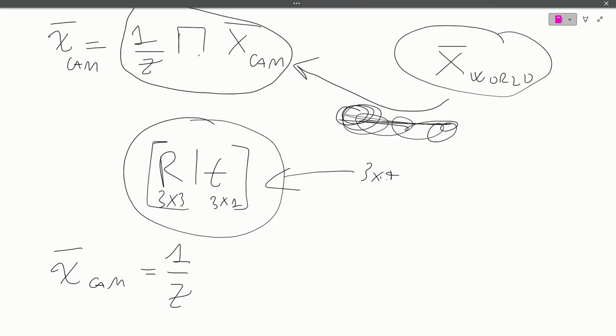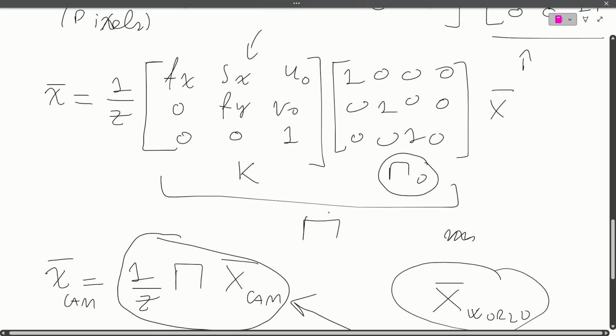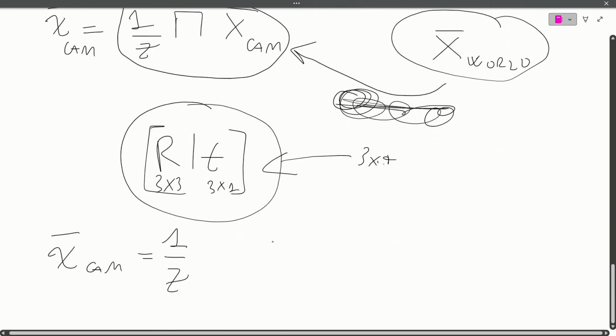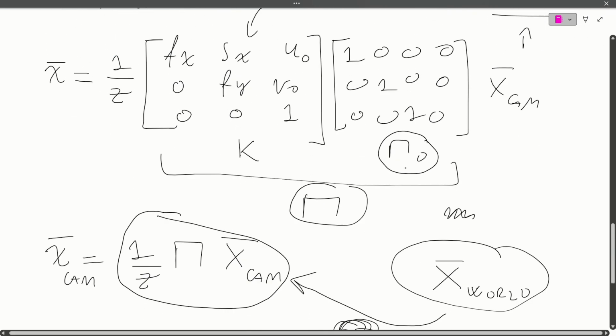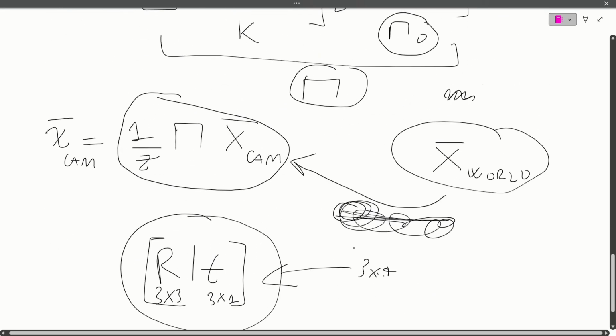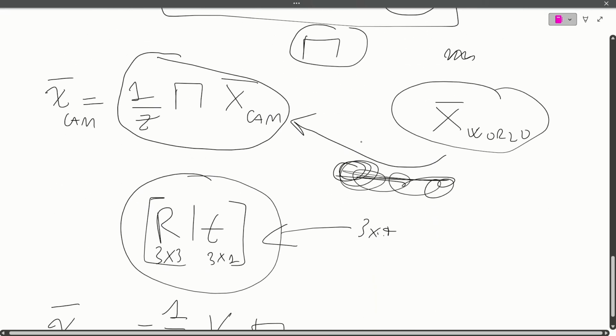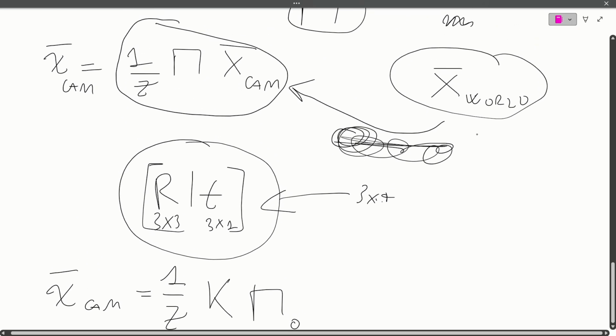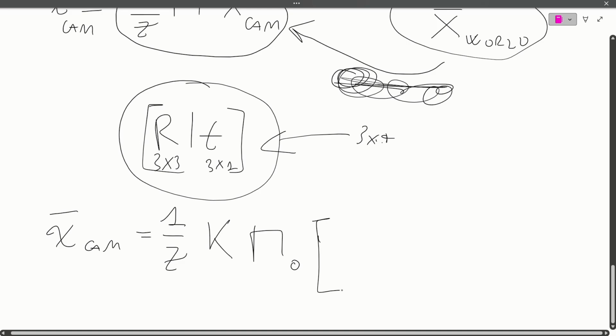Let's see here. We have p. What is p? P is written here. P is K multiplied by p0. Then multiply by this, that I told you is x cam and not x world. So we have K, then we have p0, then we have x cam, but x cam in reality we can obtain by roto translating the x world, so multiply by RT.